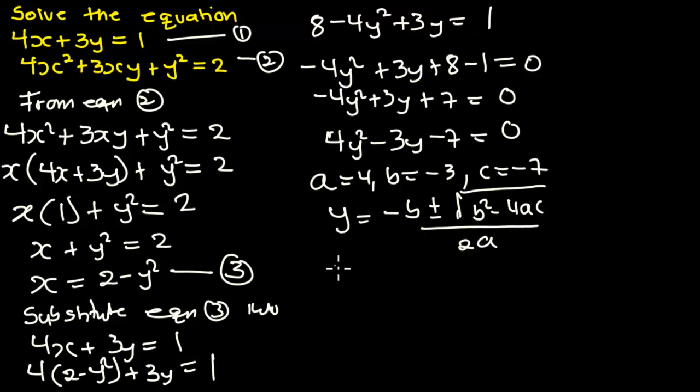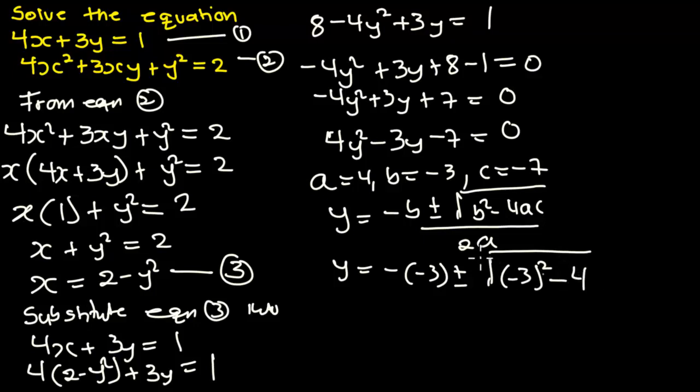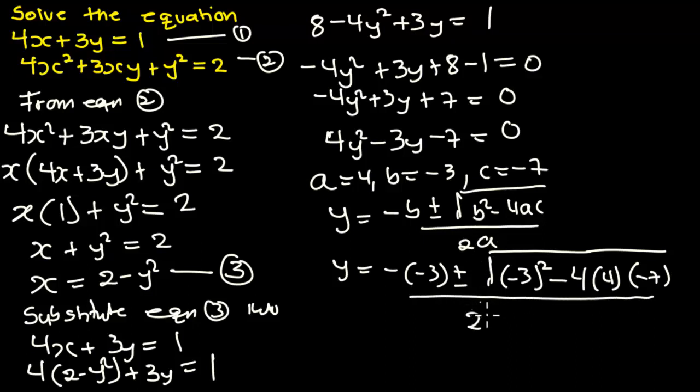So we have y equal to negative of negative 3, plus or minus the square root of negative 3 squared, minus 4 multiplying a, which is 4, multiplying c, which is negative 7, all over 2a. So a is 4.